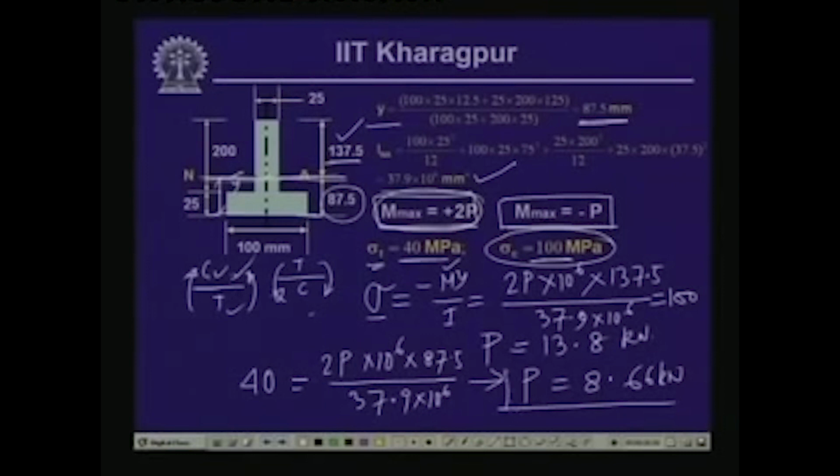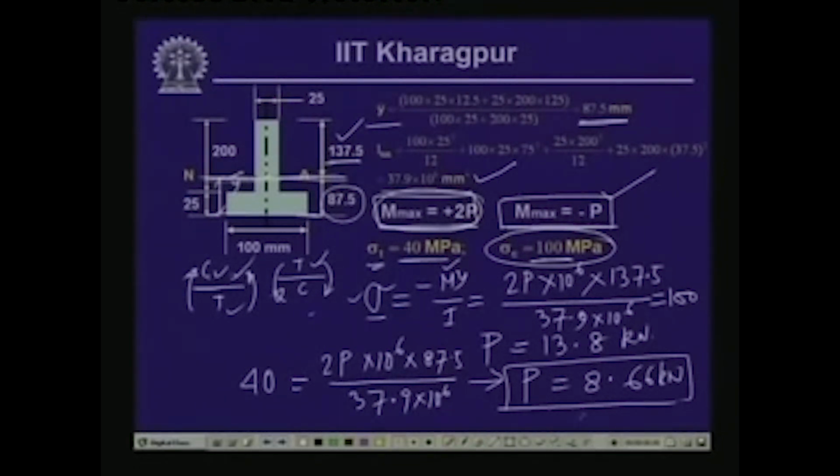Now these are the two values of P which we have obtained corresponding to the compressive and the tensile stress. Likewise, if we compute the stresses corresponding to the negative maximum moment, which is equal to P, this will produce a tensile stress at the top and compressive stress at the bottom.